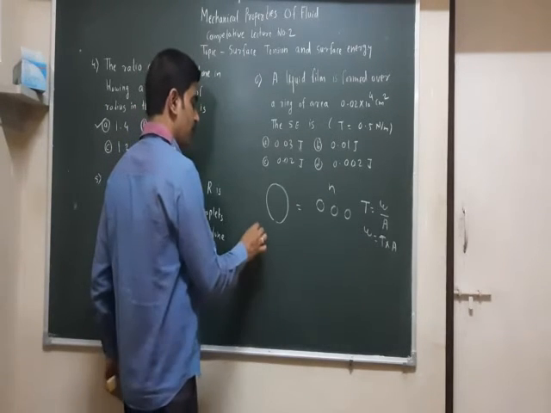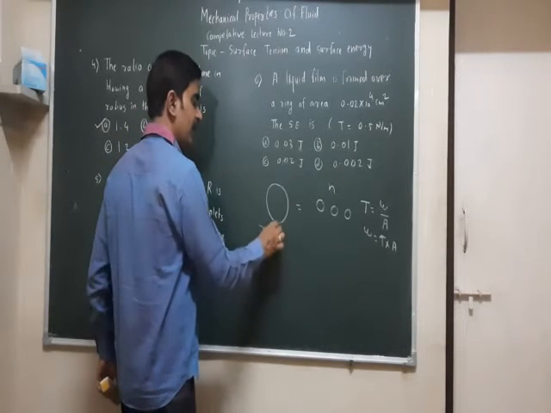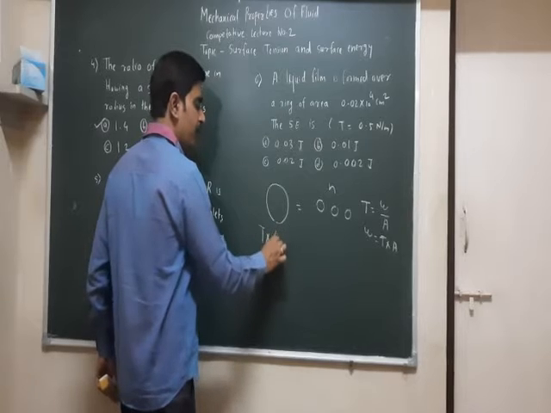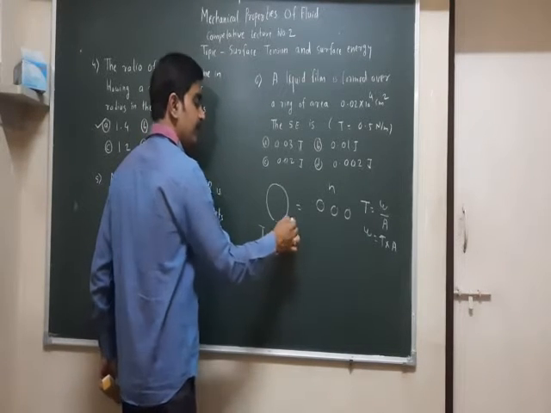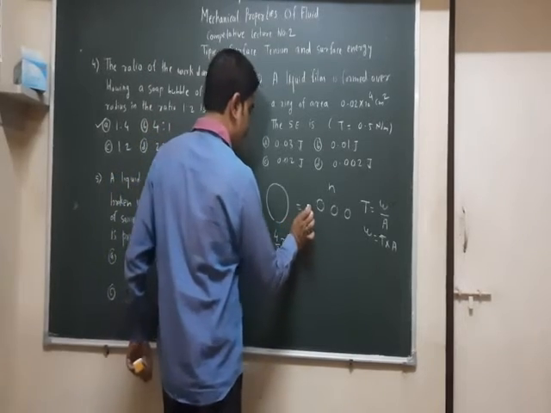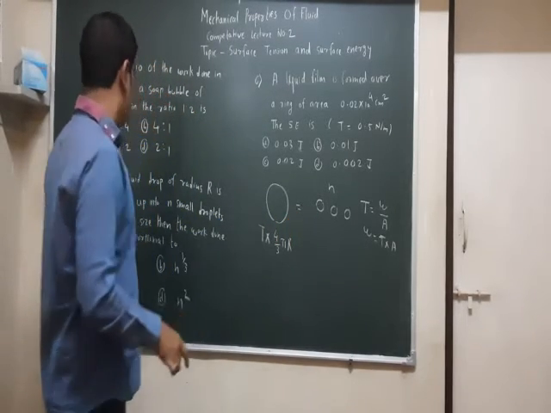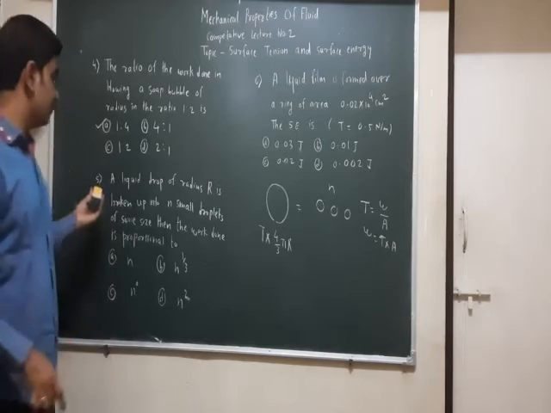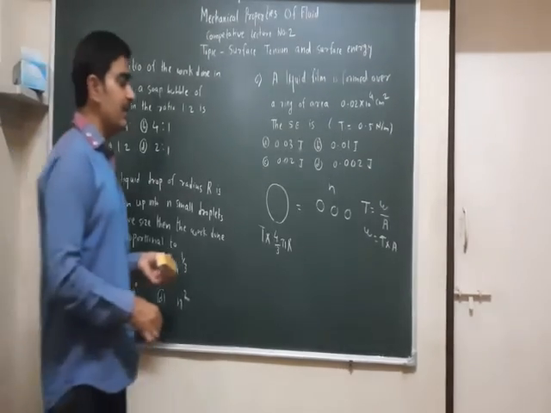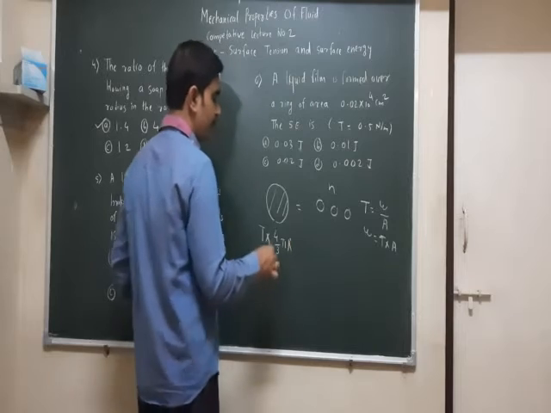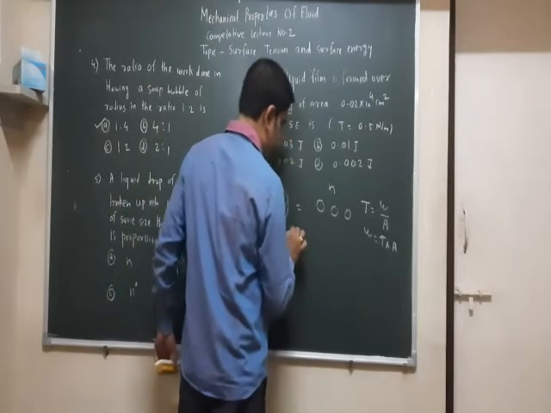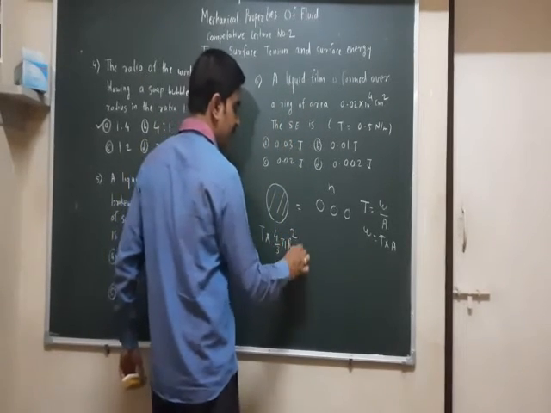Now work done is equal to surface tension into the area. For the big drop, we can take the surface area as 4 pi capital R square, and for the number of droplets, we have to take 4 pi small r square for the surface area.